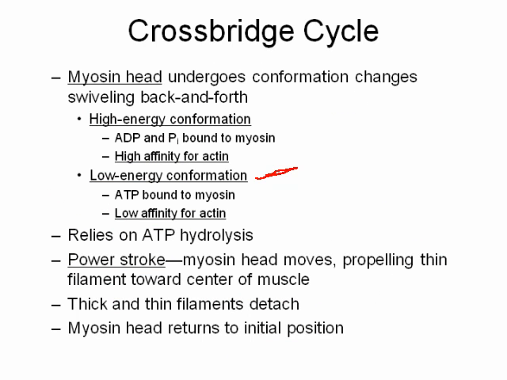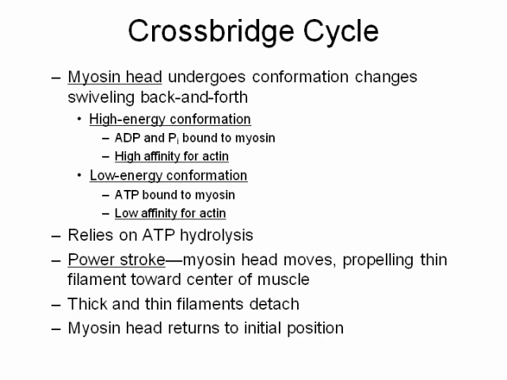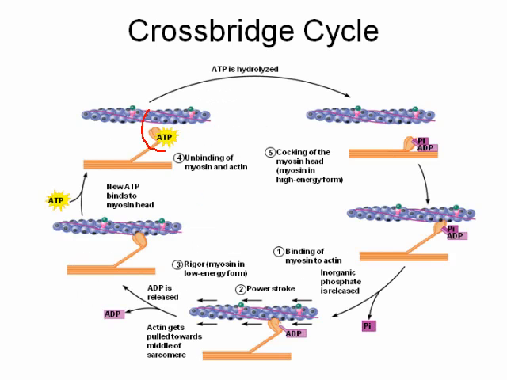The low energy conformation has a low affinity for actin. So in that case, it ceases to bind to the actin. And at that same time, it is bound to ATP.